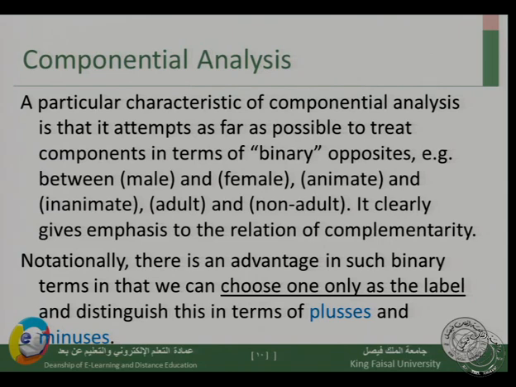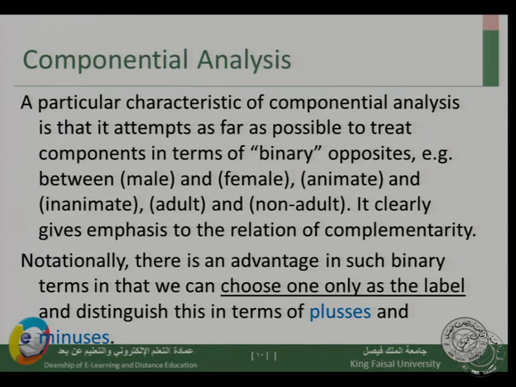So we can use this notationally. When we write, we can use certain symbols. We can use this as a good way to label our components in such a way that we choose only one label, and then we distinguish the two binary opposites by using a plus or a minus, and we will see an example of this in a bit.